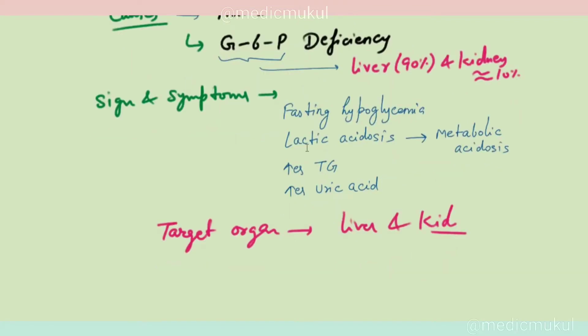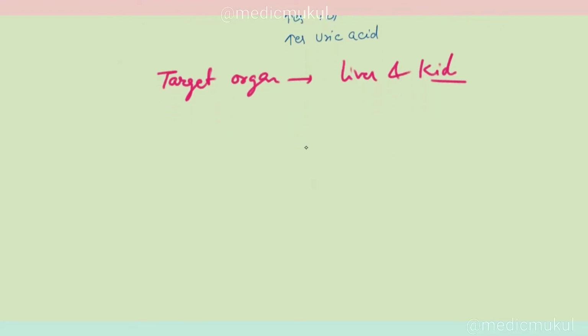Alright, let's go to our second disorder, GSD2, glycogen storage disorder type 2. This disorder is also known as Pompe disease. What happens in this case?